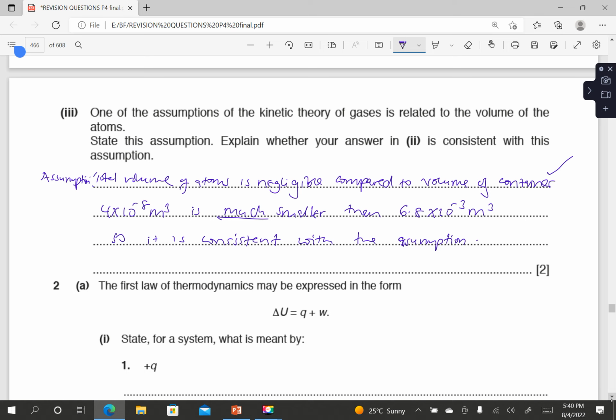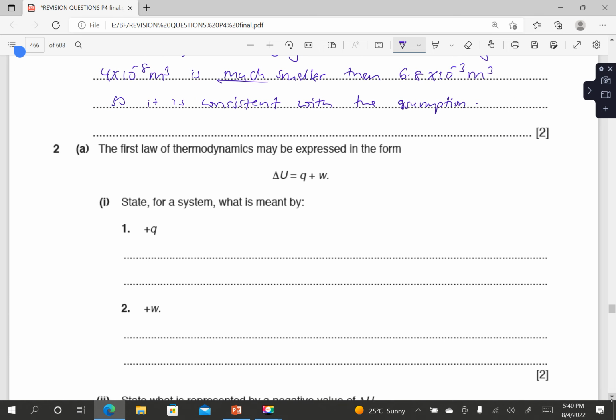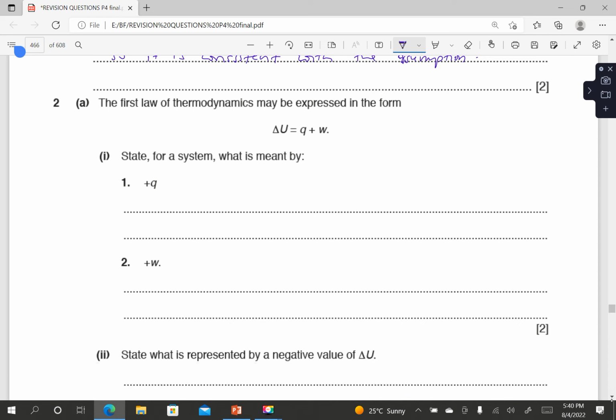Okay, next we are almost getting there. The first law of thermodynamics may be expressed in that form. Note that plus is thermal energy transfer to the system. This is very important, to the system.